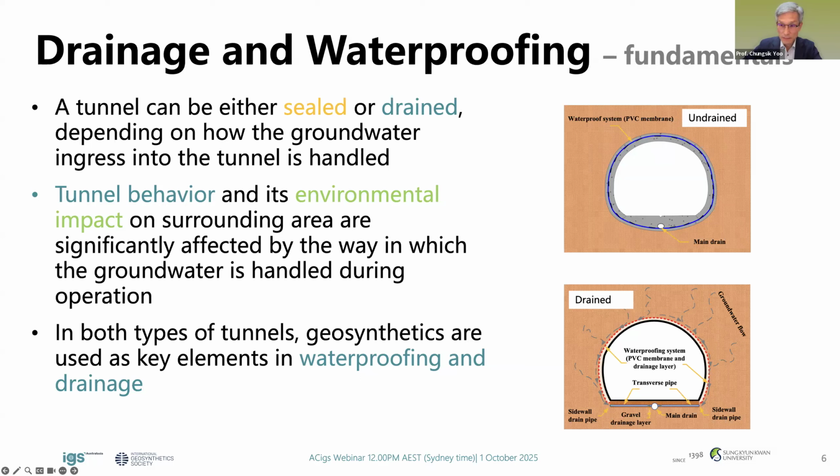For example, in highly populated areas or zones with sensitive ecosystems, undrained systems may be mandatory despite higher construction costs, because we want to prevent the groundwater table lowering. But regardless of type, geosynthetics play a critical role in waterproofing and drainage. Okay? So we will now look deeper into how these systems are designed and implemented.